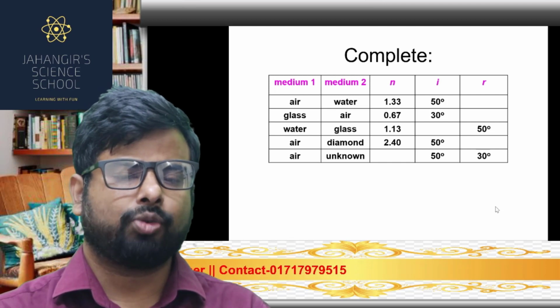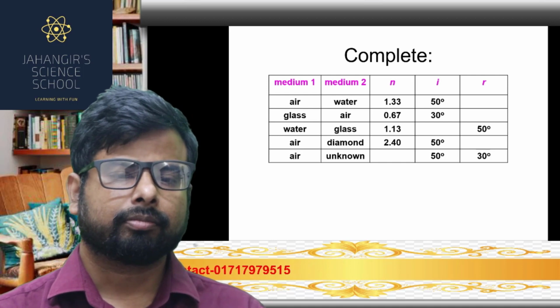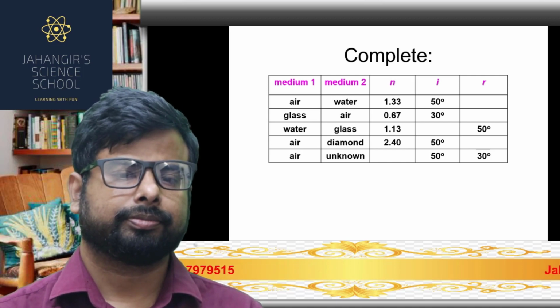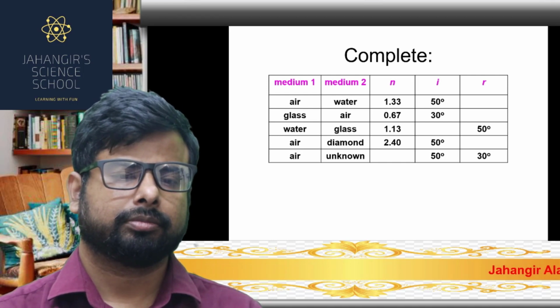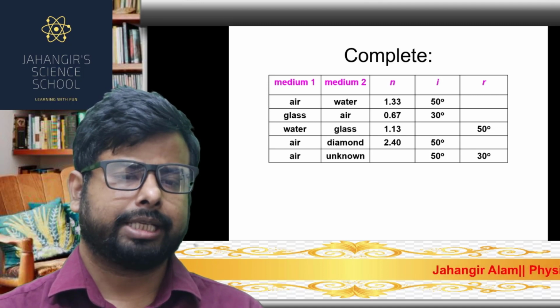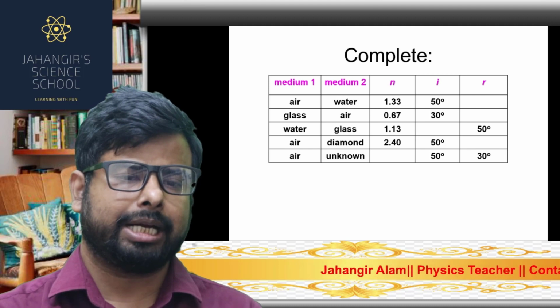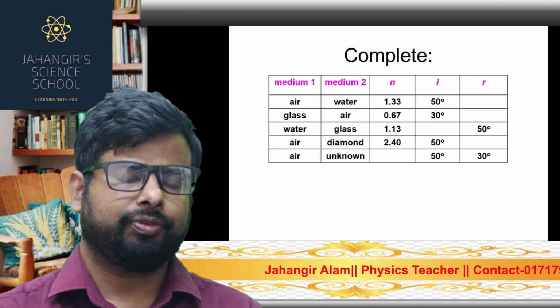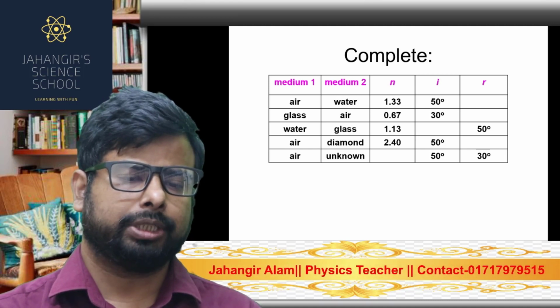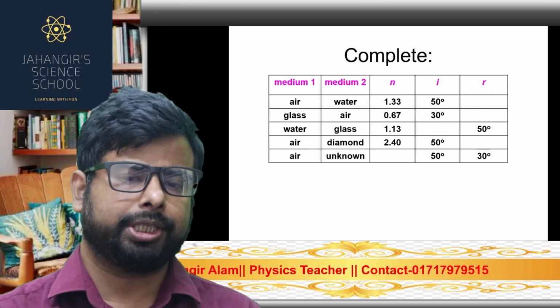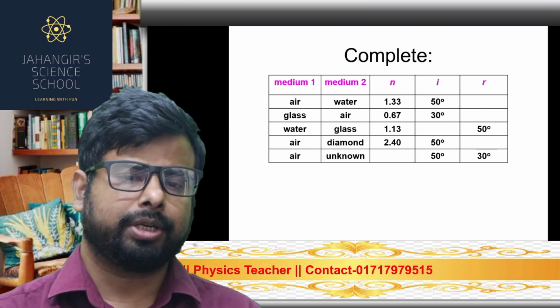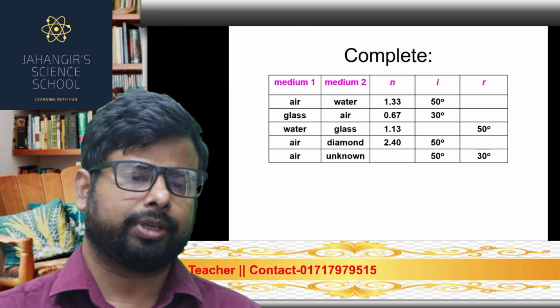Try to solve this one. In the first case, medium 1 is air and medium 2 is water. The refractive index for water with respect to air is 1.33. The angle of incidence is 50 degrees. We have to find out the angle of refraction.